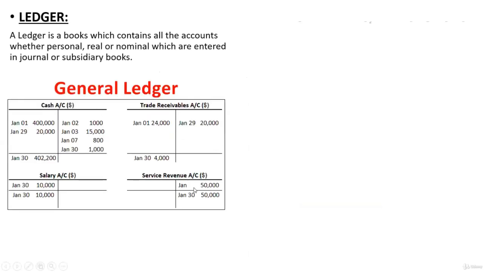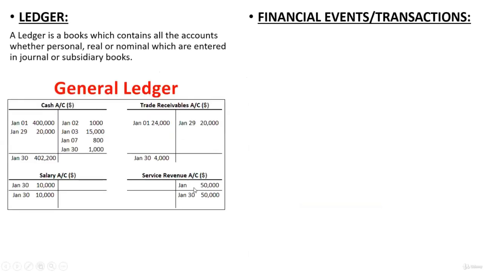What is a ledger? A ledger is a book which contains all the details related to your nominal account, personal account, and real account. These are the subsidiary books that we prepare after posting the journal entries. We accumulate similar kinds of transactions under a single head.